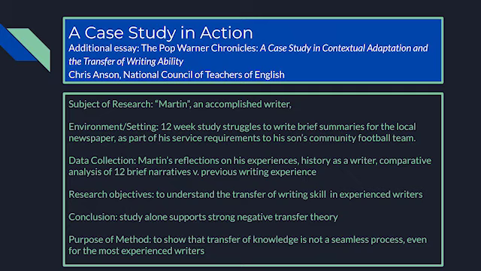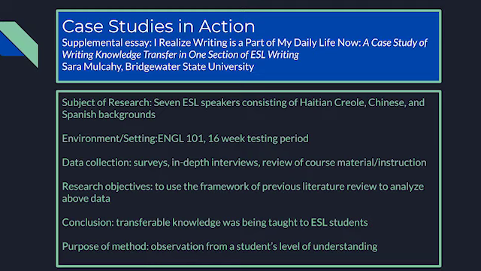And so the other case study that I found was, ironically, a case study in contextual adaptation and the transfer of writing abilities. So similar to the other one that we just talked about, but it was the study of who they called, under the pseudonym Martin, an accomplished writer, and he was required to do some sort of community service for his son's football team, and so they wanted him to write a few brief summaries, but he's not the brief summary type of guy.